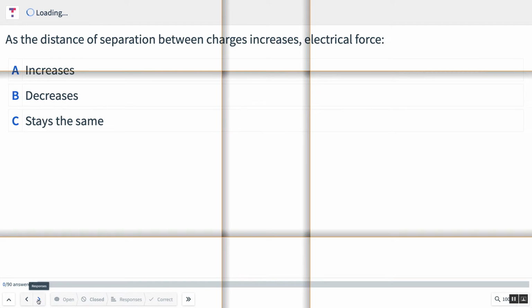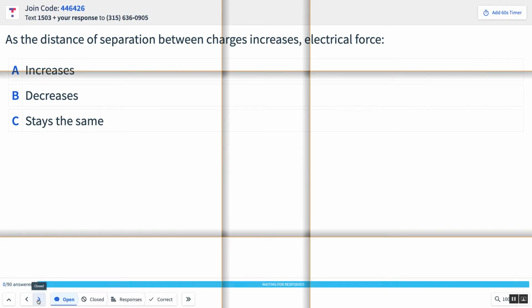How about this one? This actually pertains to Coulomb's law. As the distance of separation between charges increases, what happens to the electrical force? A, increases, B, decreases, C, stays the same. As always, this is about participation.